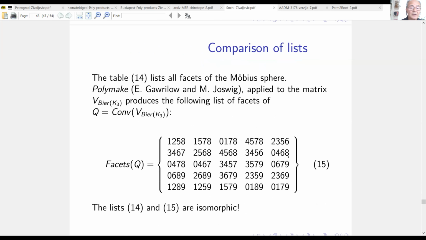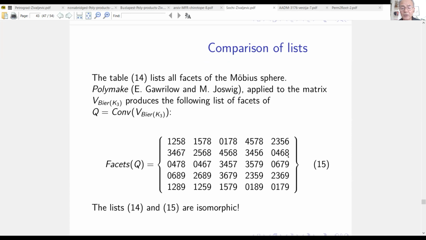We take this matrix, and as output we obtain, on 10 vertices, polymake will give you 0, 1, 2 up to 9 as the set of vertices. So polymake lists all the facets, and all you have to do is to compare and to convince yourself that these two lists, these hypergraphs, are really isomorphic. And it is indeed the case.